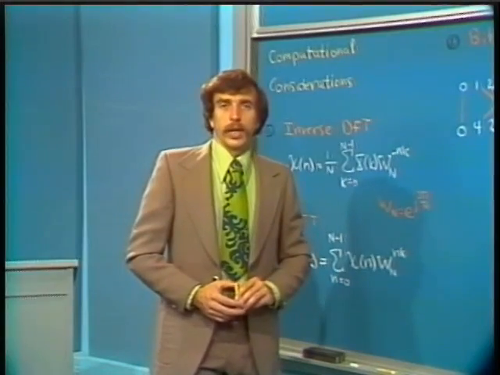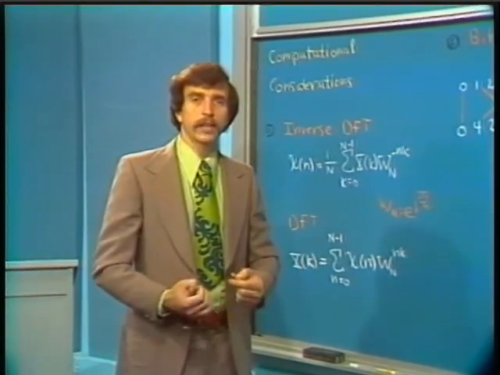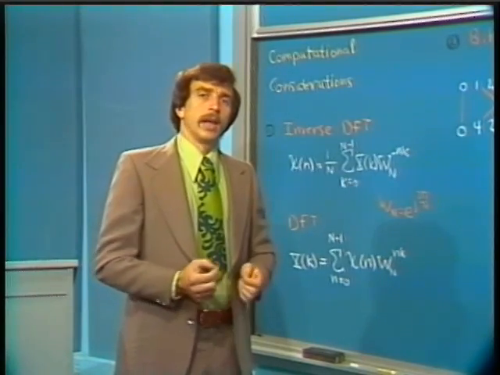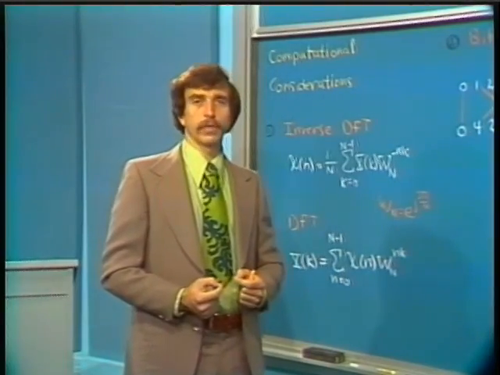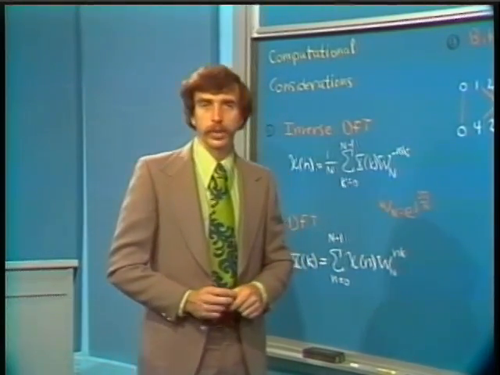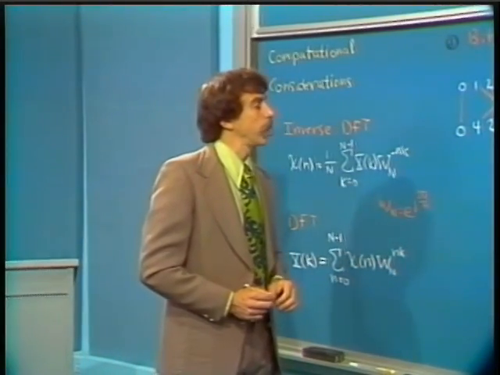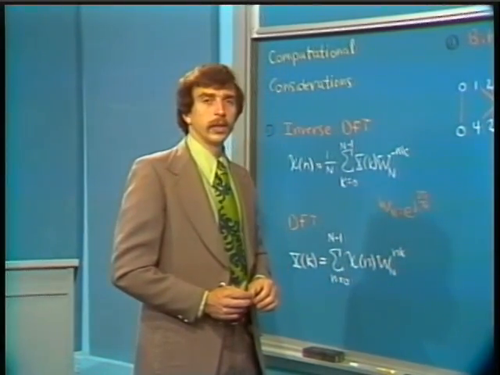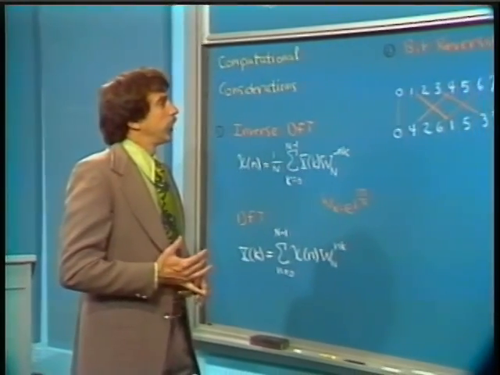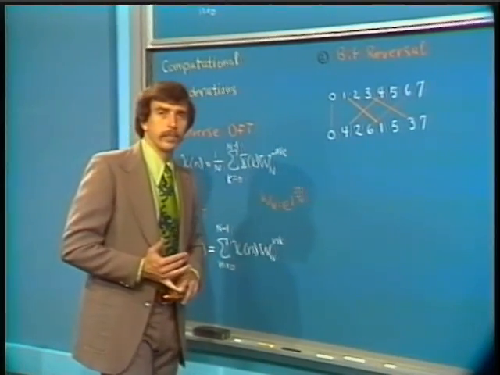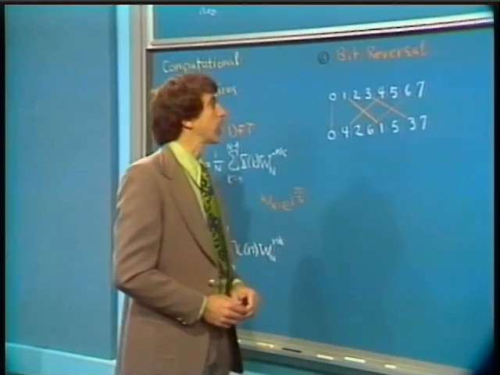The second issue is that, as we've seen, essentially all of the algorithms of practical interest involve either bit reversal at the input to the flow graph or bit reversal at the output of the flow graph. Bit reversal, again, is a relatively straightforward thing to implement. First of all, it is important to recognize that bit reversal is an in-place computation, if we think of it as a computation.